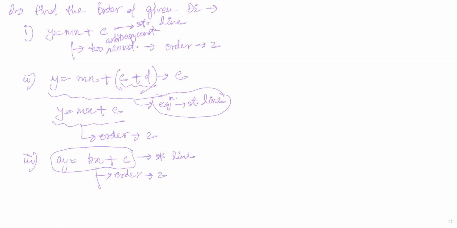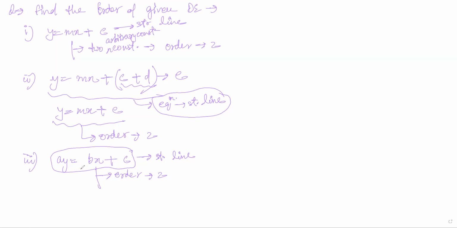But how can we reduce that? By dividing the whole equation by a. Or by dividing the whole equation by c. Or by dividing the whole equation by b. You can do anything, right? Because if you have to reduce one constant, you can reduce any of them.